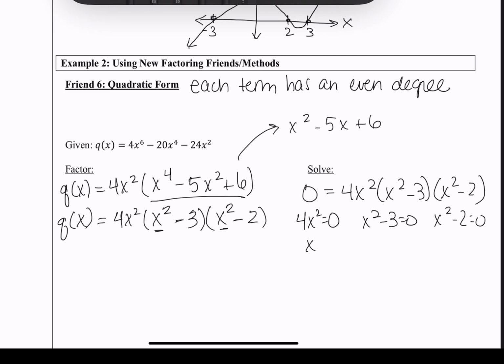So I get x equals 0. For this one, I'm going to have x squared equals 3. However, if I take the square root, I'm going to get x equals positive or negative square root of 3. Okay, and then on this one, very similar, x squared equals 2, and then I'm going to get x equals positive or negative square root of 2.